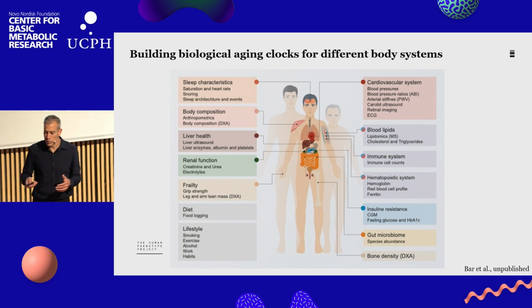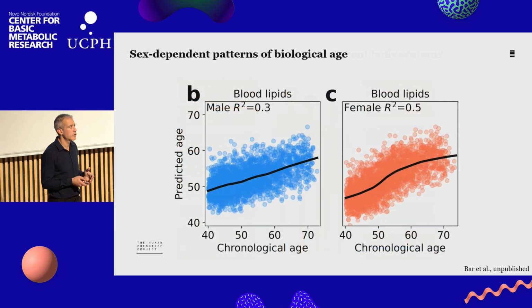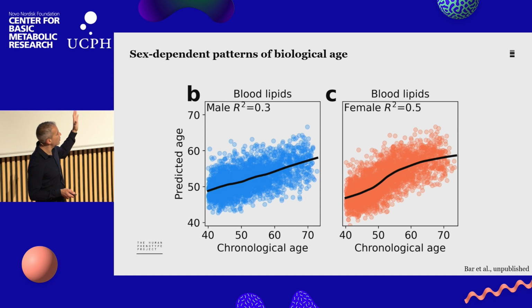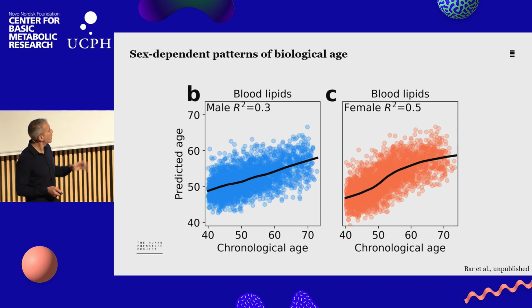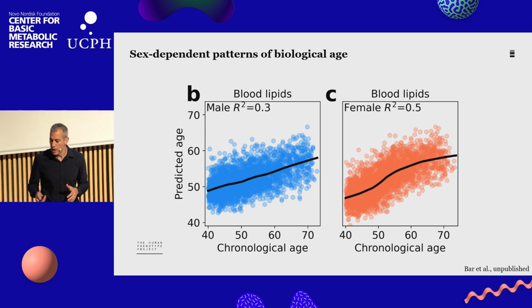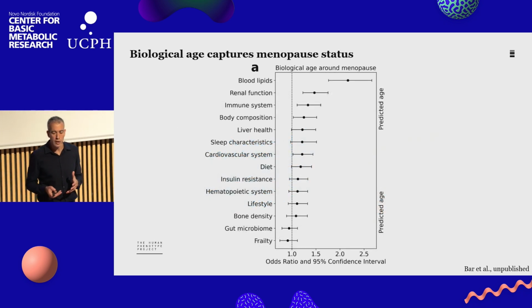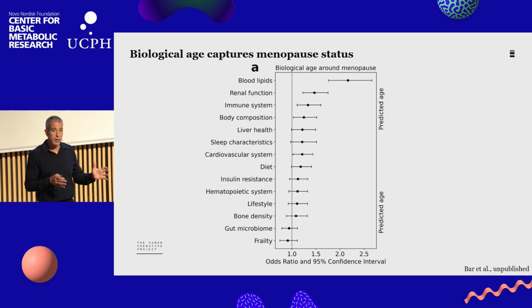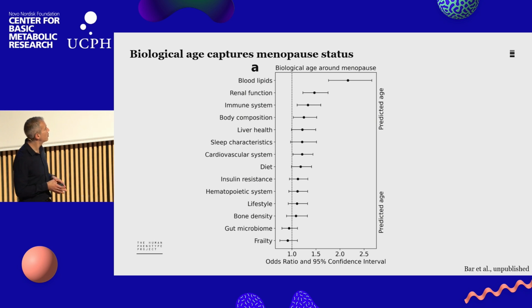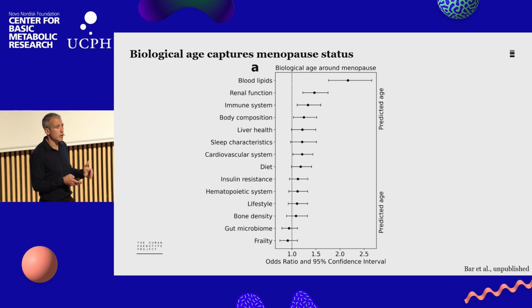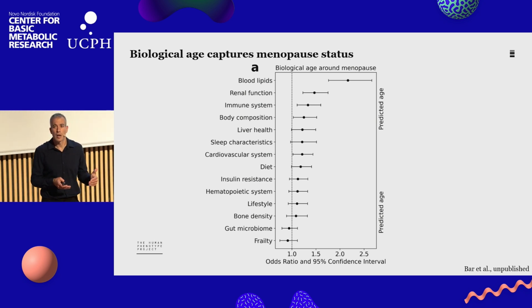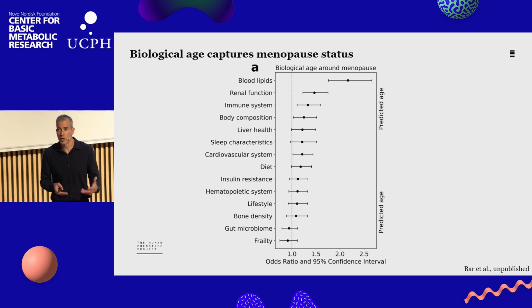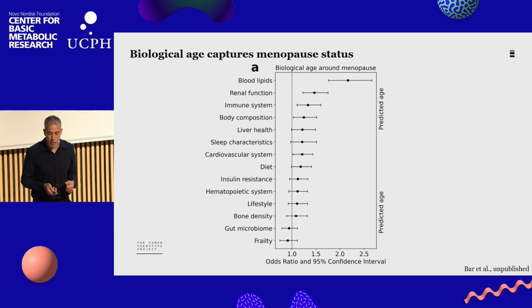And a final result that we saw was a marked difference between males and females, with males aging pretty much linearly, but females having this abrupt change right between the age of 50 to 55, which we could link to menopause, because when we looked at women of the same chronological age, but comparing pre to post-menopausal women, we saw several biological clocks that were higher in postmenopausal women of the same chronological age as compared to premenopausal women.